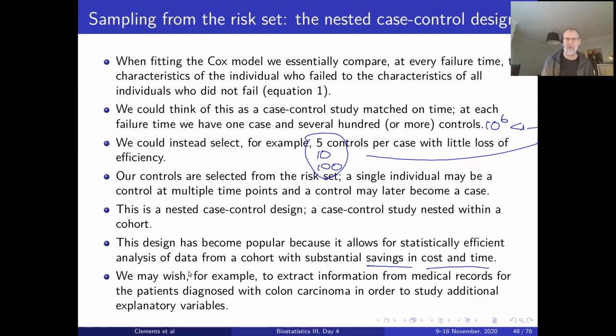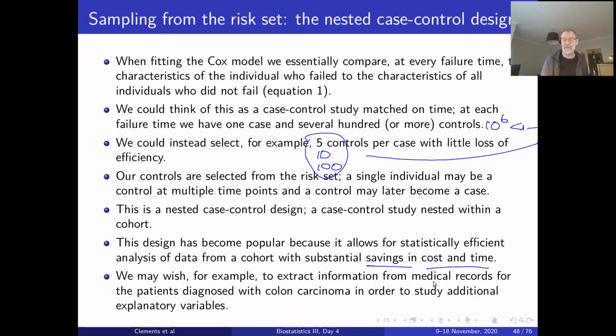If it's expensive to collect data, this is a really amazing way where you keep all of the data on the cases, and then you sample for the controls.